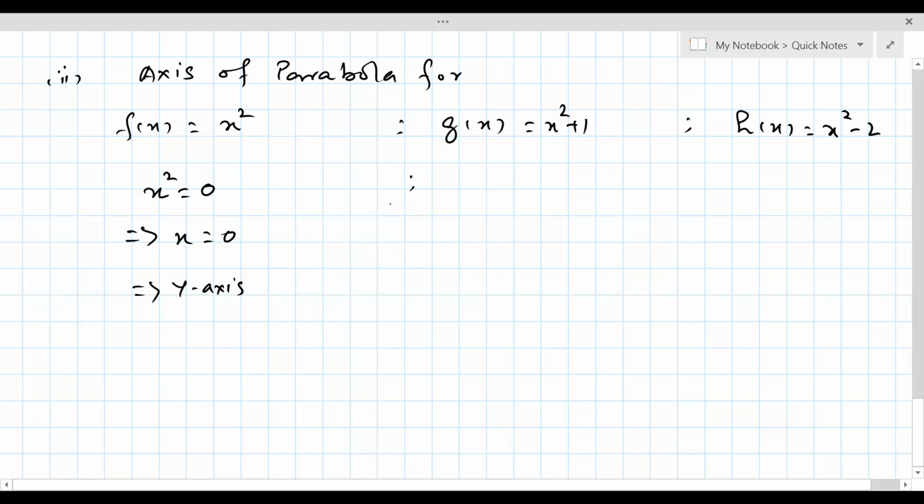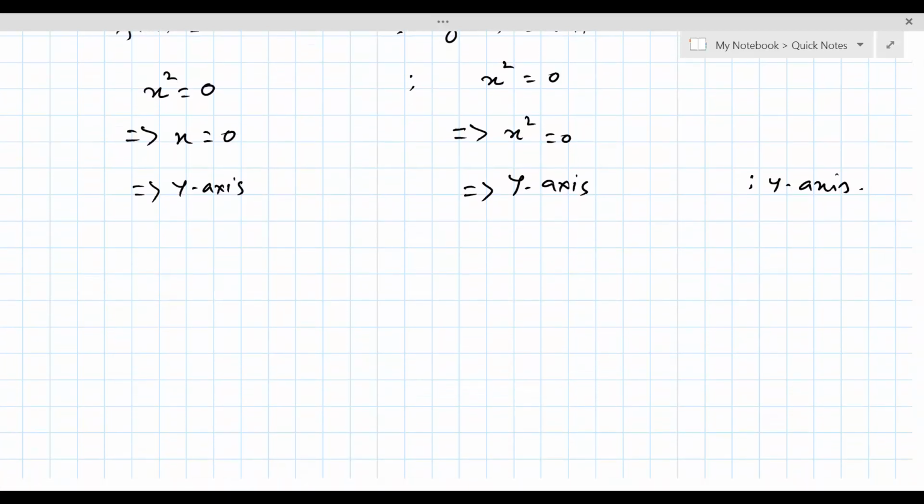It's a vertical shift, and if we take the square term equal to 0, this means x equal to 0. Similarly, it is x equal to 0, and this means y-axis. So no difference. And here as well, we have y-axis as axis of parabola. So vertical shift doesn't alter the axis of parabola.